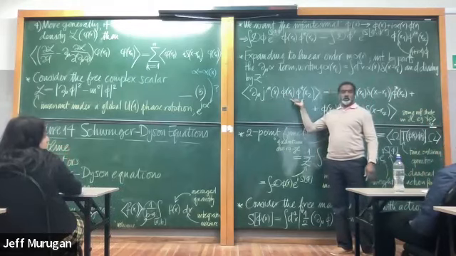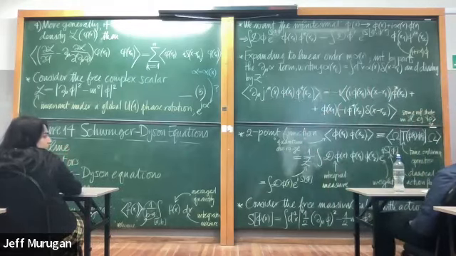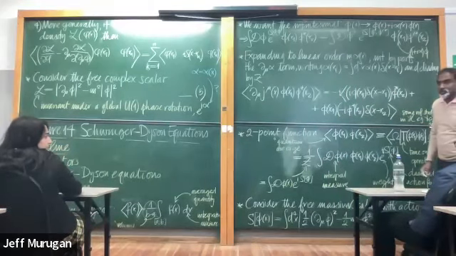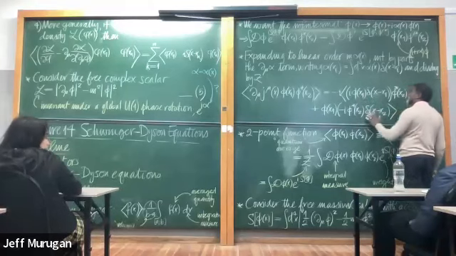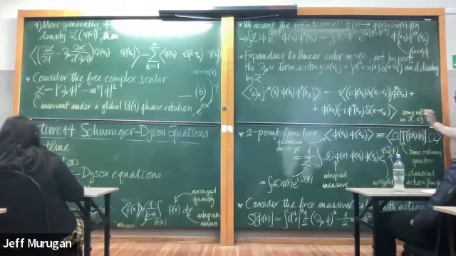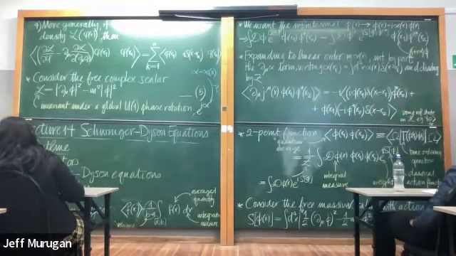Okay, because it must hold for any one of these steps. But this is the quantum version of the current conservation statement that d mu j mu equals 0. Again, the difference between these two are the contact terms. The difference between the quantum and the classical version is the contact terms on the right hand side of this expression.